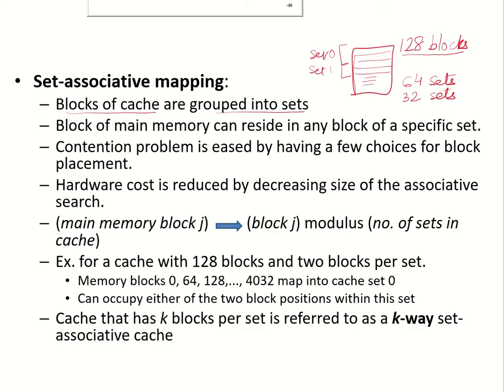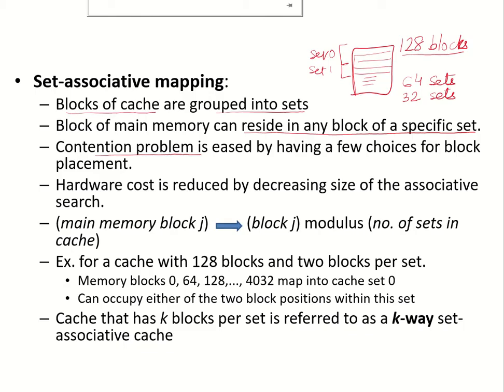Now the mapping from main memory to the cache is such that a block can reside in any block of a specific set. So we have eased the contention problem a little by giving a few more choices for the placement of that block.